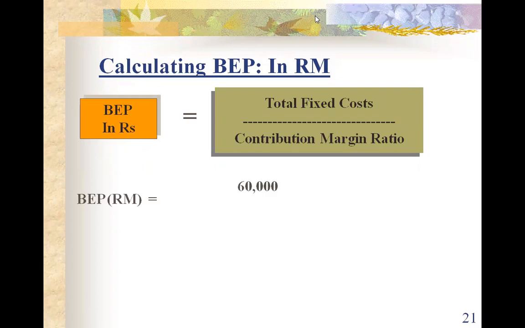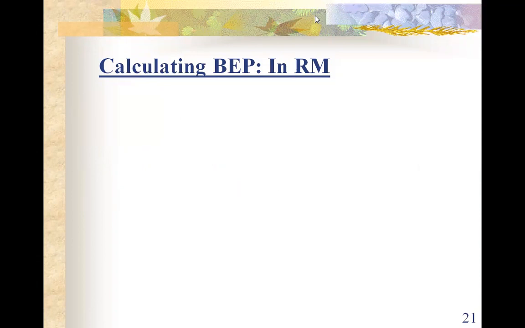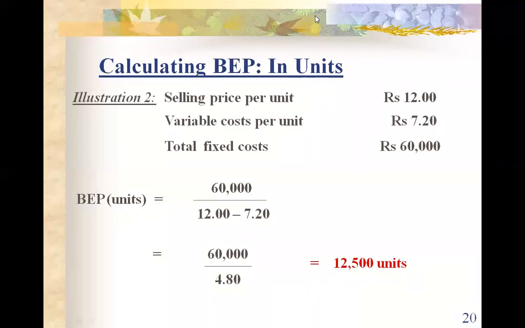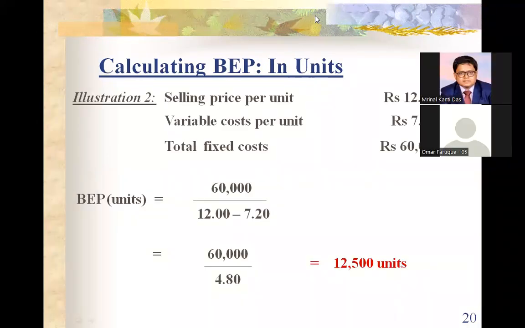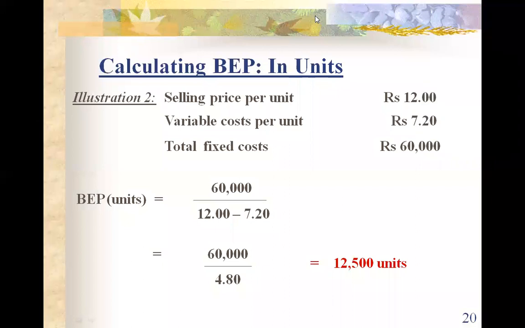So from the earlier example, what is our contribution margin ratio here? Contribution margin ratio formula is sales minus variable cost divided by sales. So that means 12 minus 7.2 divided by 12. We'll multiply it by 100, then we'll get it in percentage.